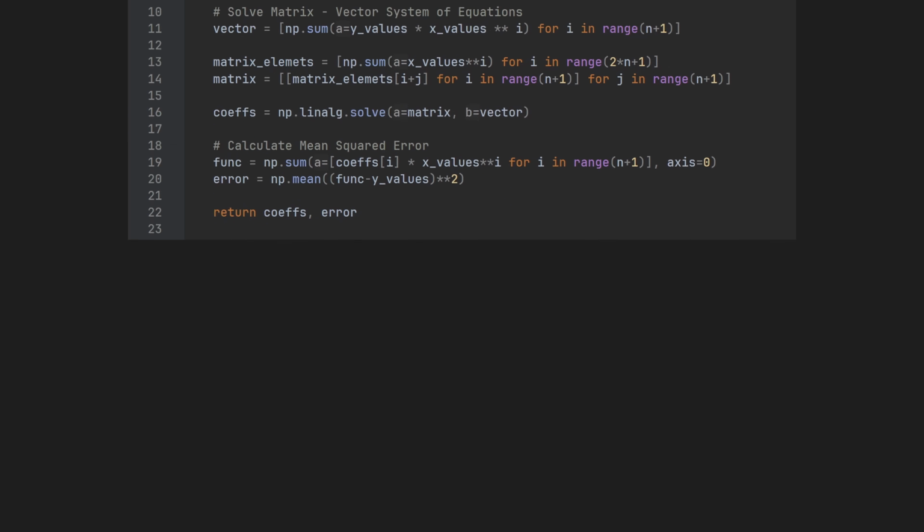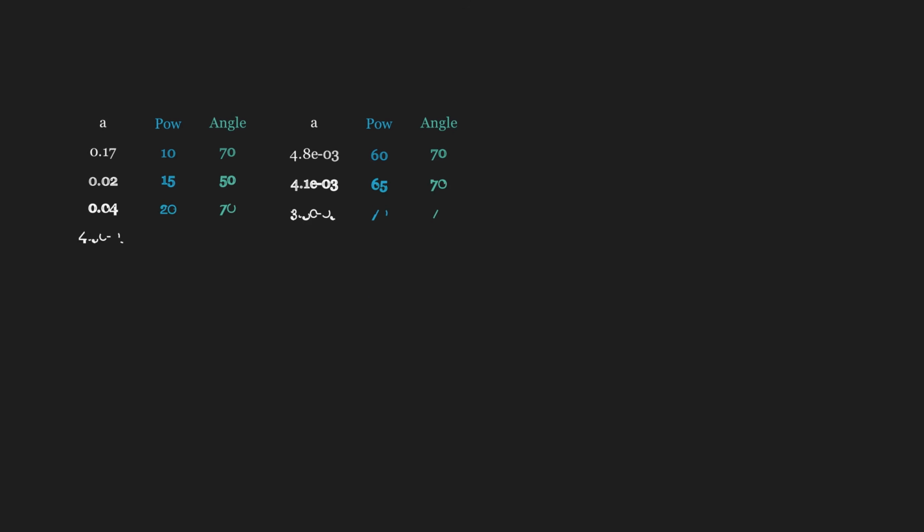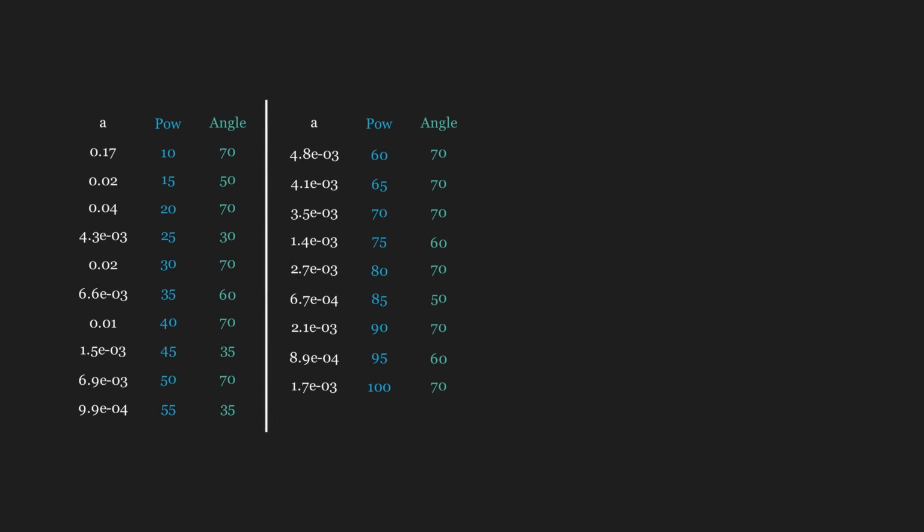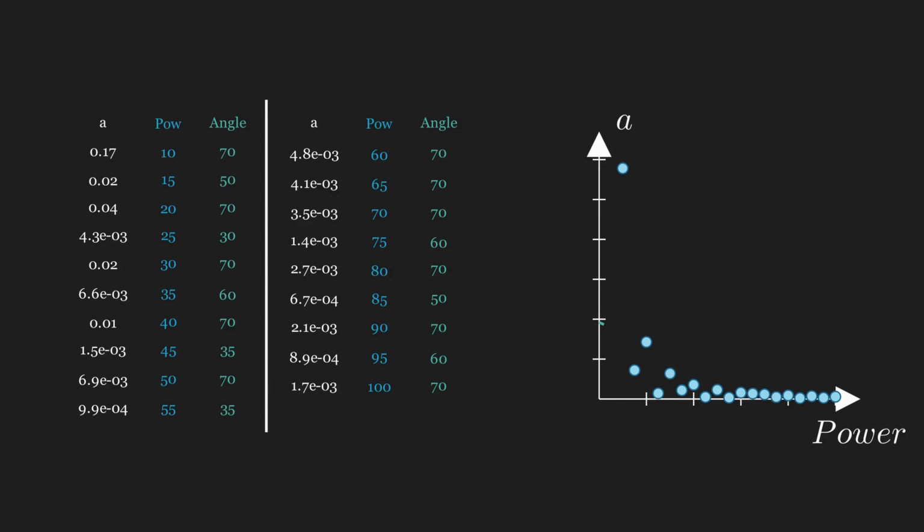Using this method of screenshotting, marking, and performing the polynomial regression, I made this table of A values for different powers and angles. Now, in and of itself, these A values don't really seem to have any connection if we plot them in this grid. But it's not the A we're interested in.